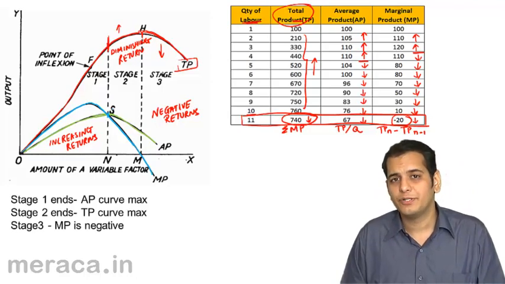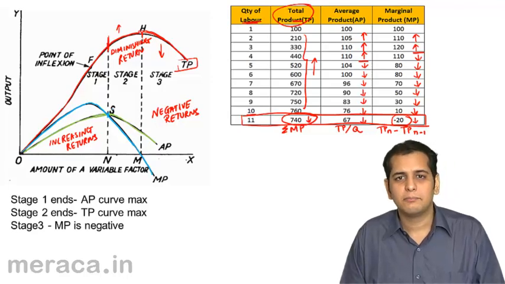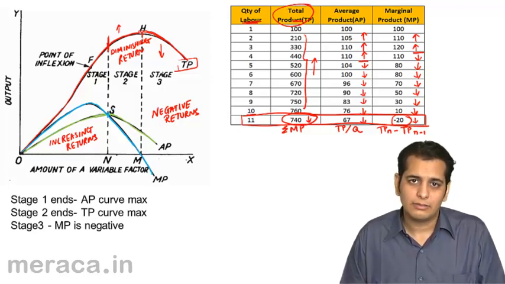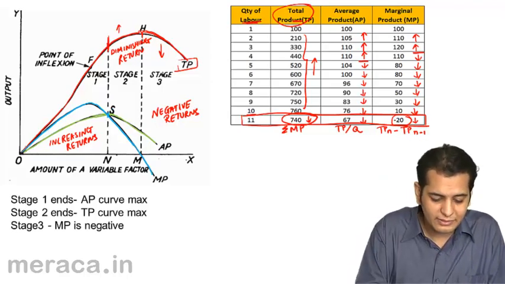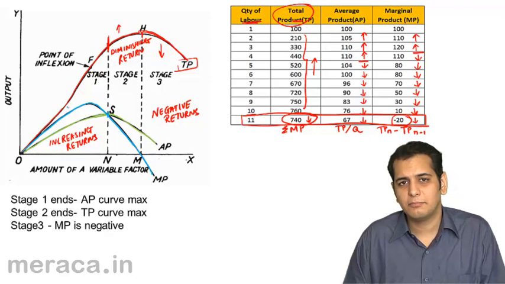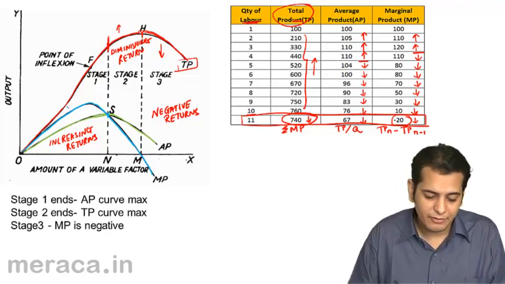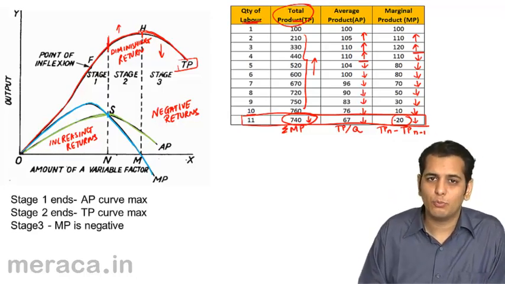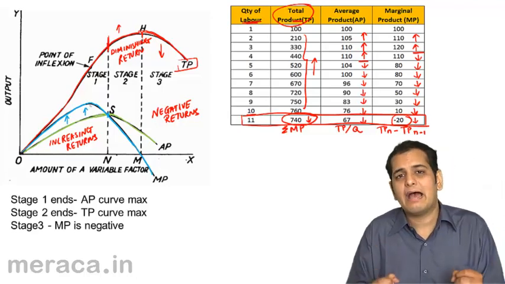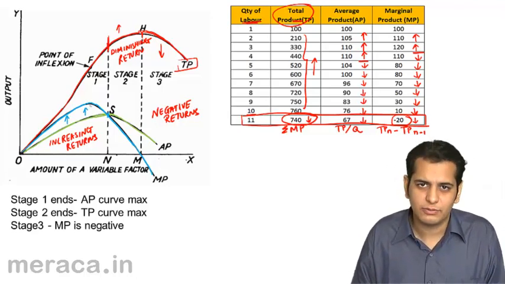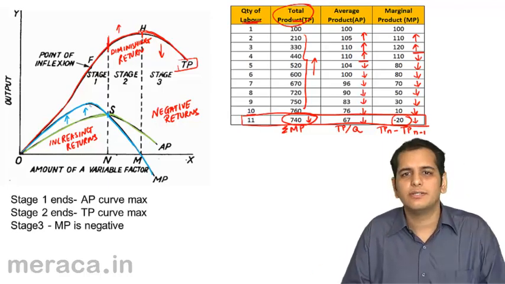Now in my last video I told you to consider the marginal product curve as a magnet. The same thing can be verified here. Now the marginal product curve is above the average product curve initially. So what it does is it pulls the average product curve towards itself. It pulls it up, and this is why the average product curve is increasing.